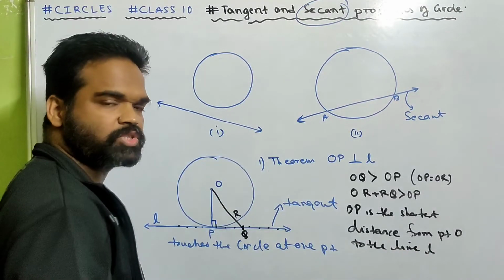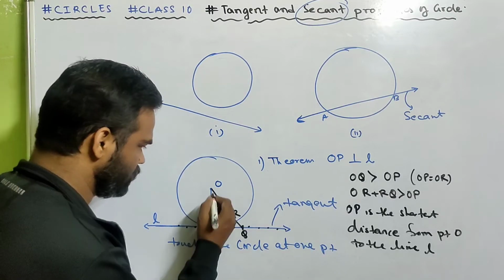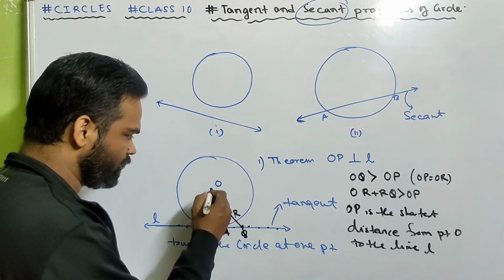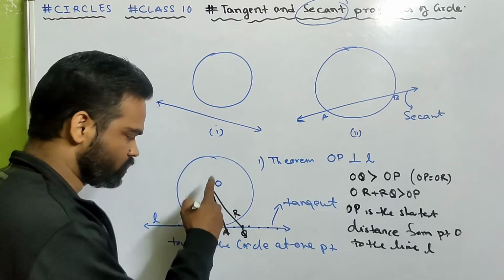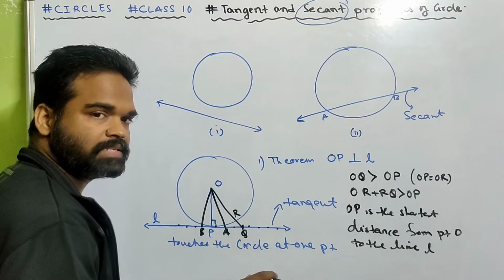OP will always be a shorter distance. You take any point, suppose over here A, over here B. Again, OP is less than OB. OP is less than OA, which is OP will be smaller than all other line segments.